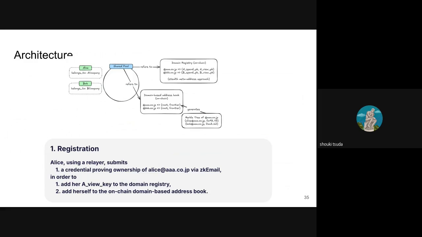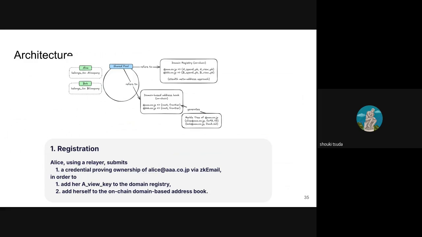This adds her view key to the domain registry and adds her to the on-chain domain-based address book. Everyone can verify company information from that domain, creating an anchor for KYB evidence.